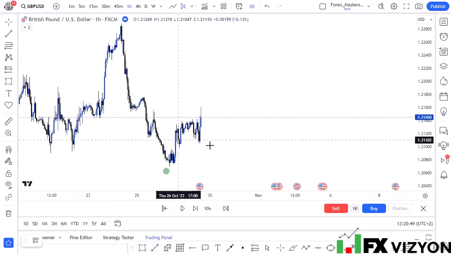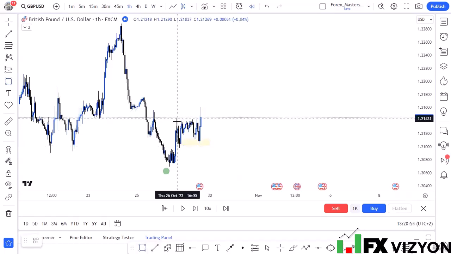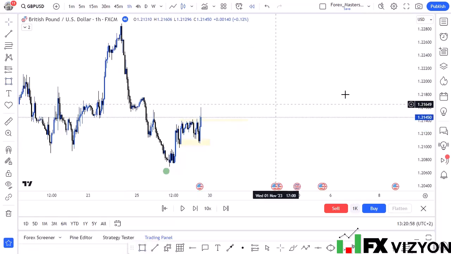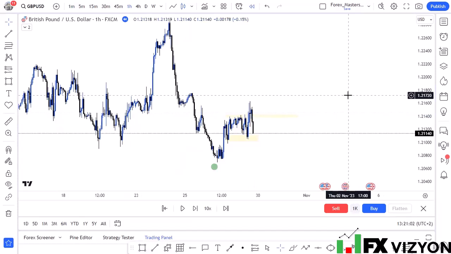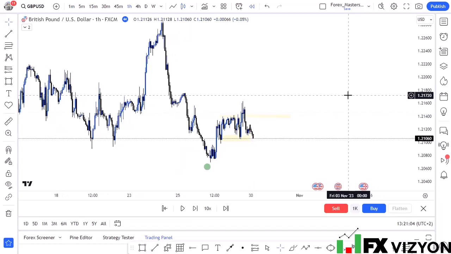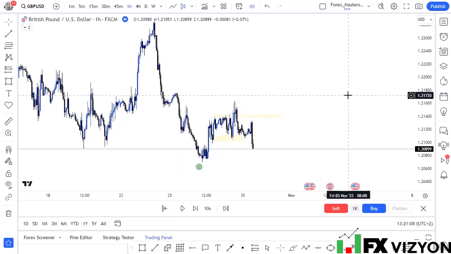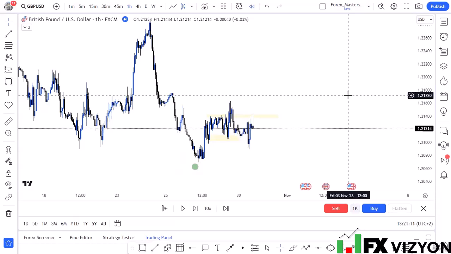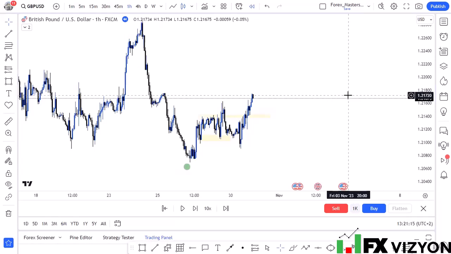So we have this area where price came back to, then we are breaking above this area right here. Then after we break above that area, we want to see how the market is going to move and react. So here we come back to this area. All right, so we are still waiting, because my goal is to buy the market, but I'm not going to buy until I have a clear push to the upside.